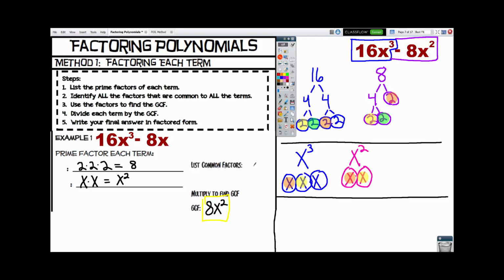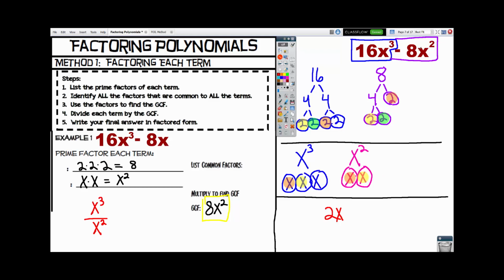So 16 divided by 8 gives us 2. Then x to the power of 3 divided by x to the power of 2. Okay, you keep the base and you subtract the exponents. So that would give us 2x to the power of 1, or just 2x.